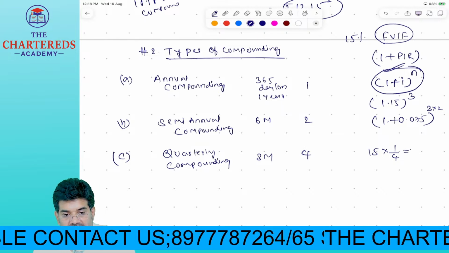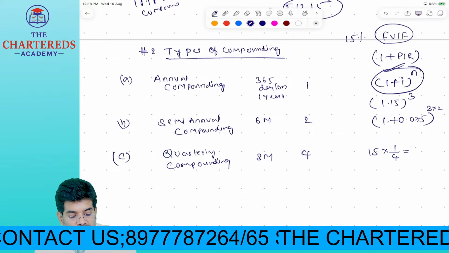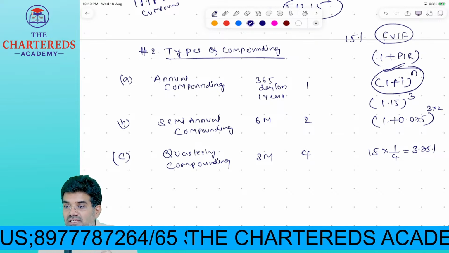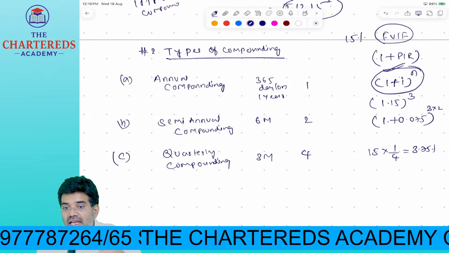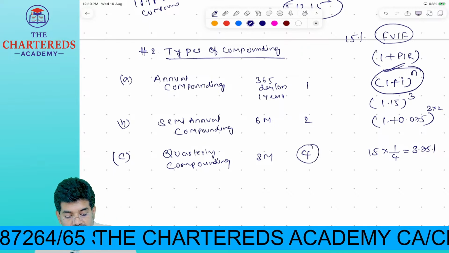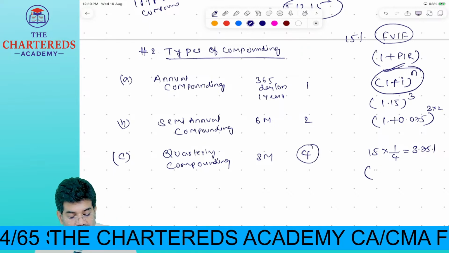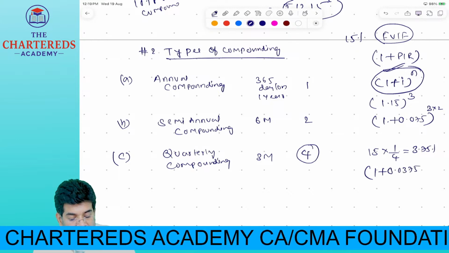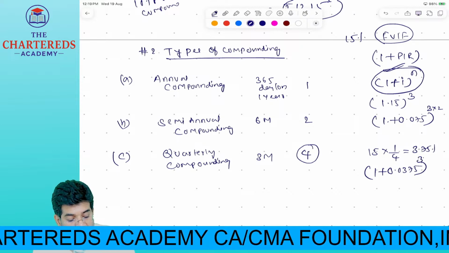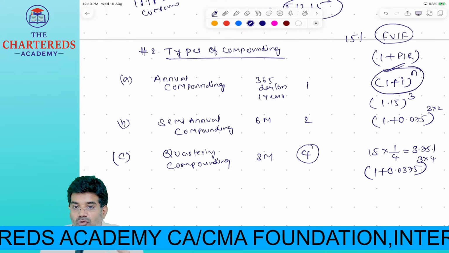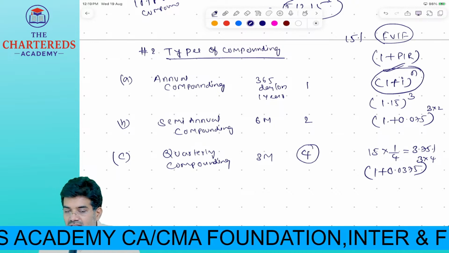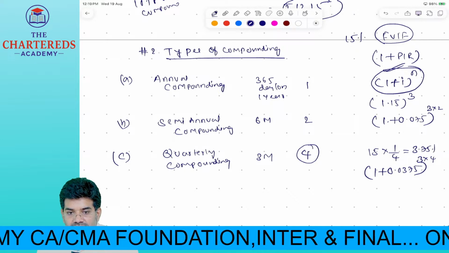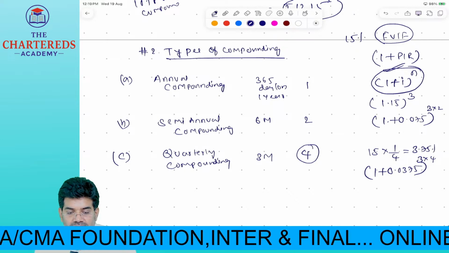Then what is the interest rate applicable now? 3.75% for how many months? 3 months. Yearly how many times compounding is happening? అప్పుడు మన ఫార్ములా FVIF (1 + 0.0375) whole power 3 into 4, as 4 times compounding is happening in a year, or not? So whole power 12. Correct? Yes or no?